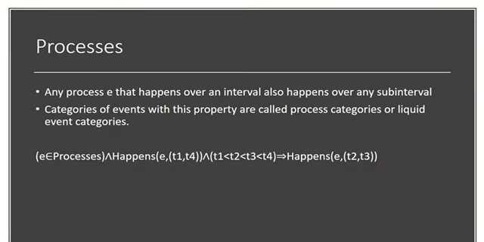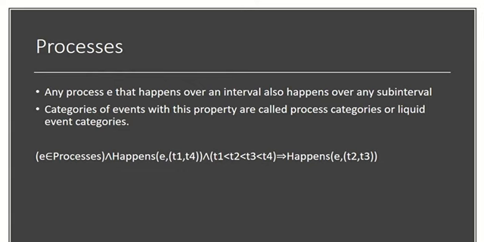The next topic is processes. Here, any process e that happens over an interval also happens over any subinterval. That means if we are dealing with an interval of time, then that particular process happens over the subintervals as well. Categories of events with this property are called process categories or liquid event categories.